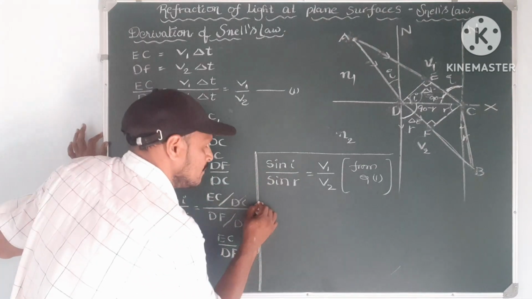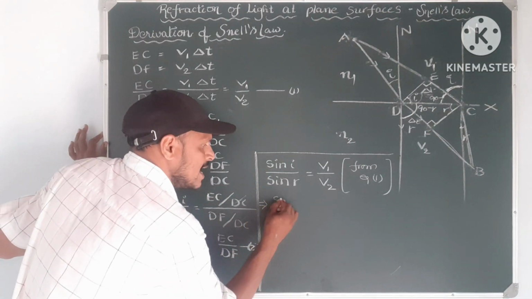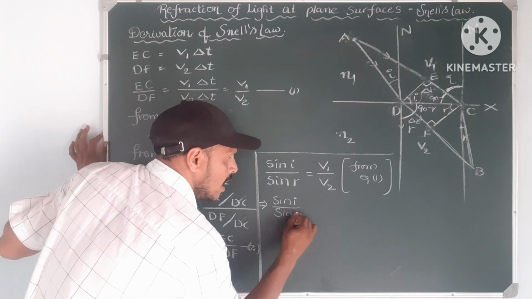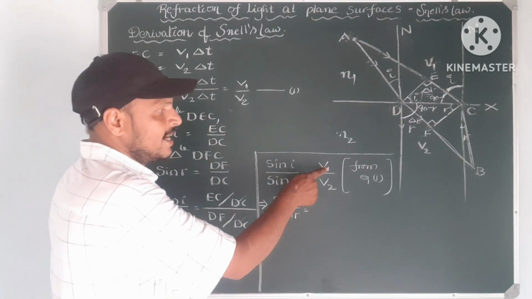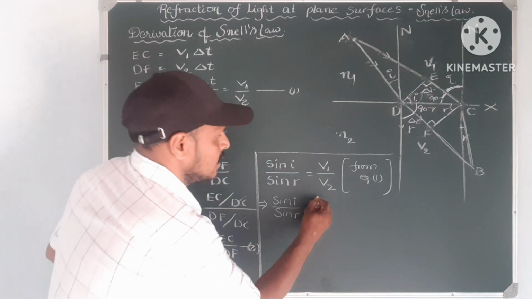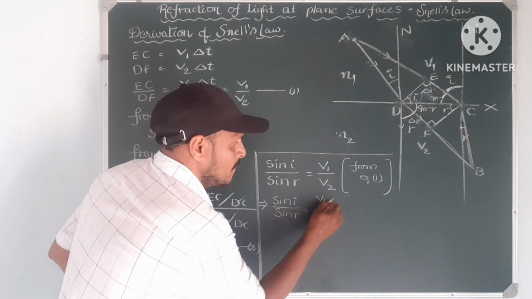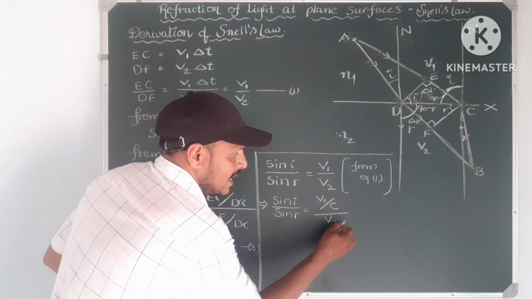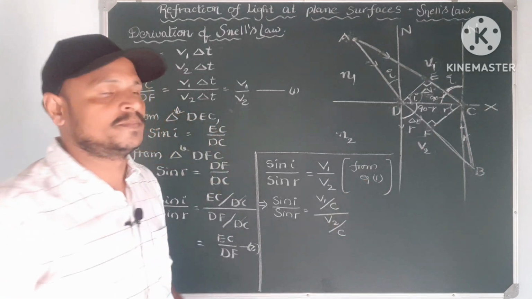And that implies sine I by sine R is equal to, divide numerator and denominator by C. That means V1 by C by V2 by C. C means here the velocity of light in vacuum.